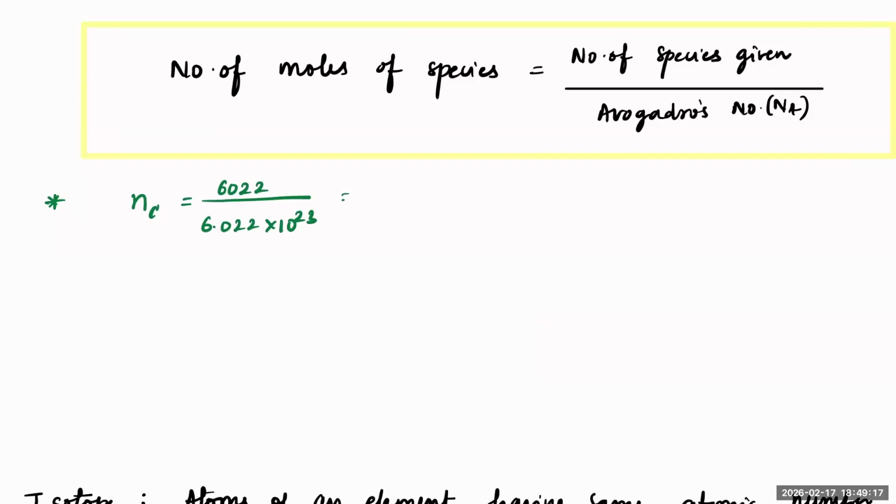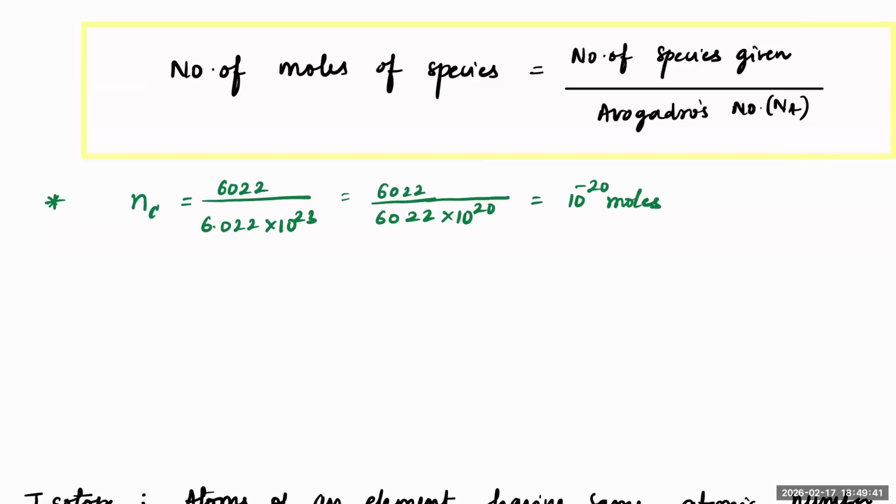Which is equal to 6022 divided by 6022 into 10 raised to the power 20. So that is equal to 10 raised to the power of minus 20 moles.